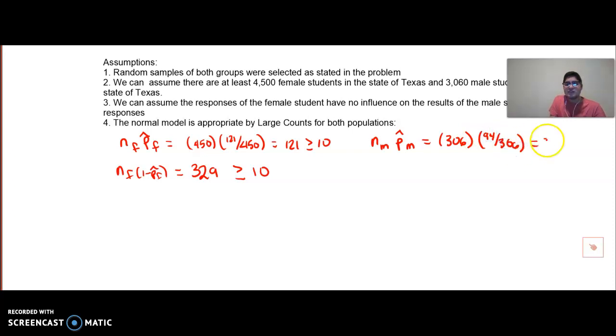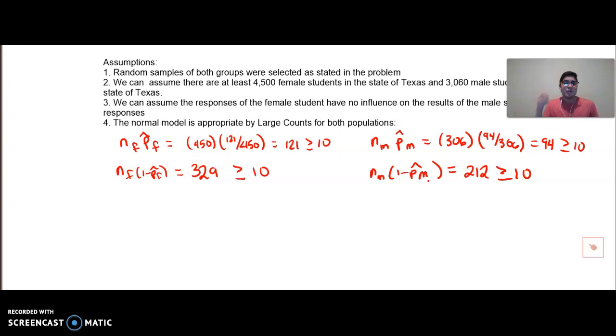So that is going to be greater than or equal to 10. And then again, the failure condition, that leaves me with 212. So I at least show one of them for both populations so that the reader knows where I'm getting this from. If you just want to be safe and write it all out, by all means, I'm not going to stop you from being a proper statistician.